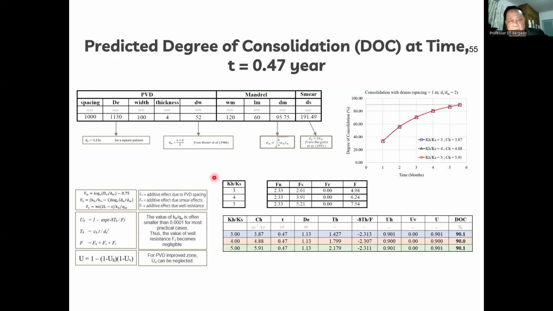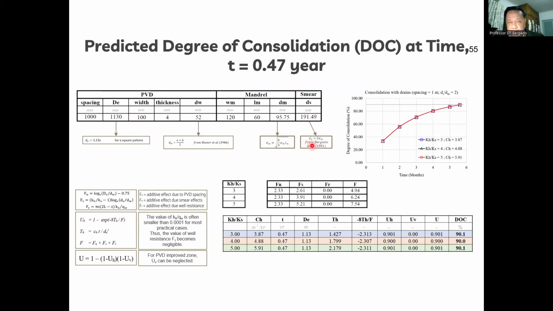So when we use the vertical drain, because of the square pattern, you have the equivalent diameter, capital D_e, and we have the equivalent diameter of the drain. We have the mandrel, equivalent diameter of the mandrel.